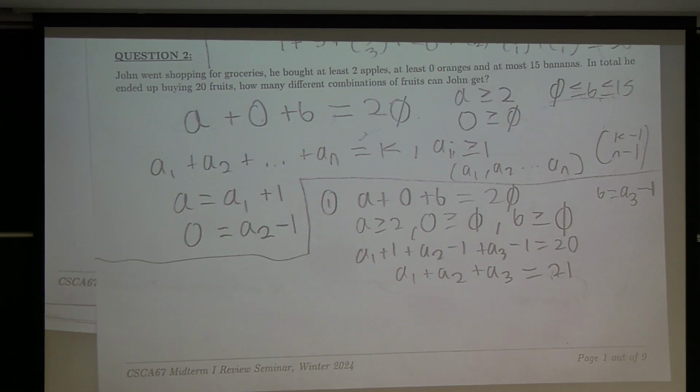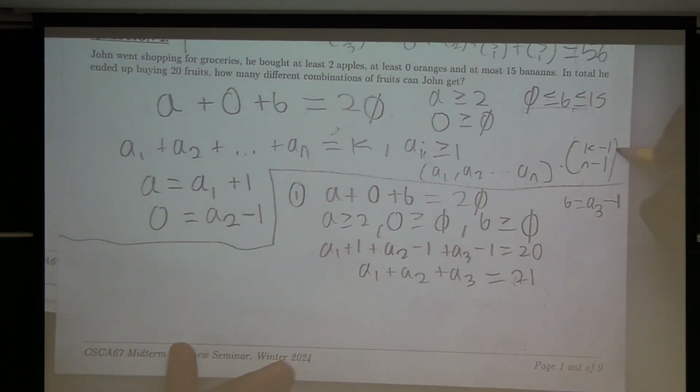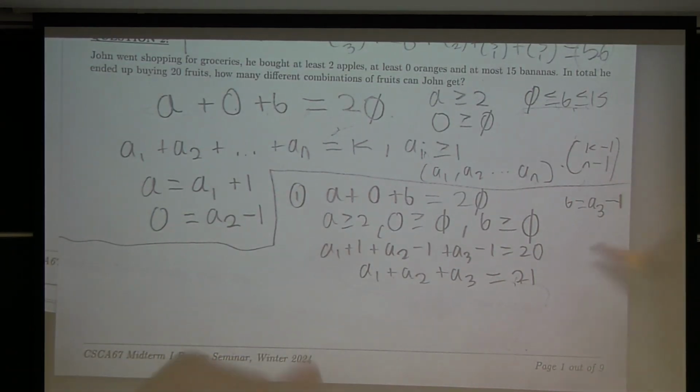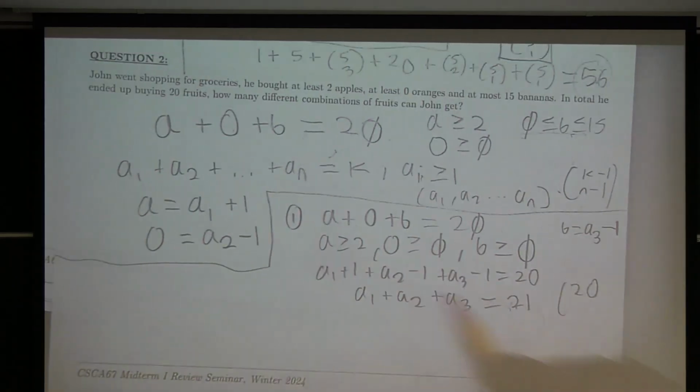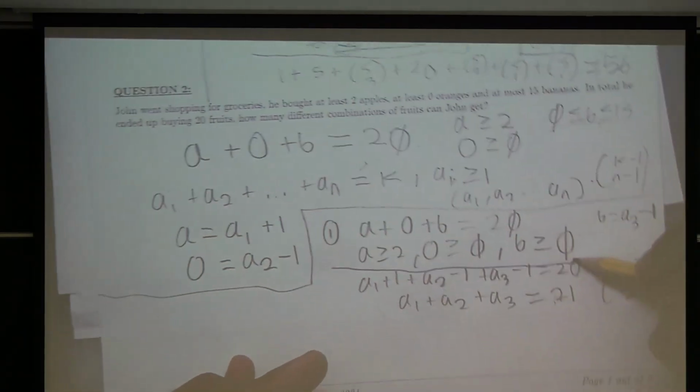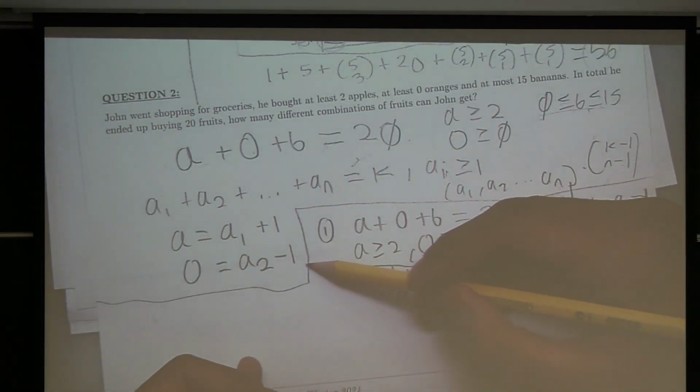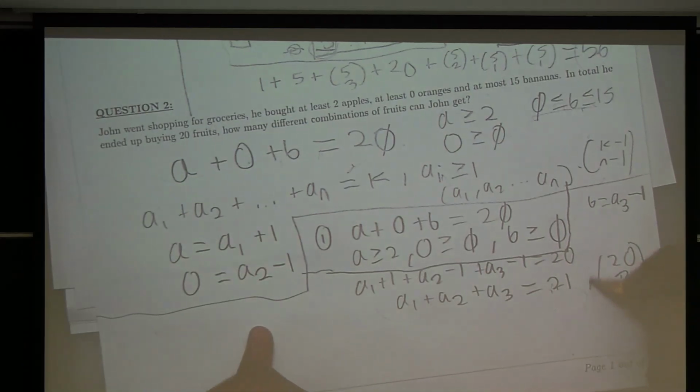Okay, so we plug in this formula here. So 21 minus 1 is 20, and we have 3 variables here. So 3 minus 1 is 2. So in total, this equation here has 22 solutions.